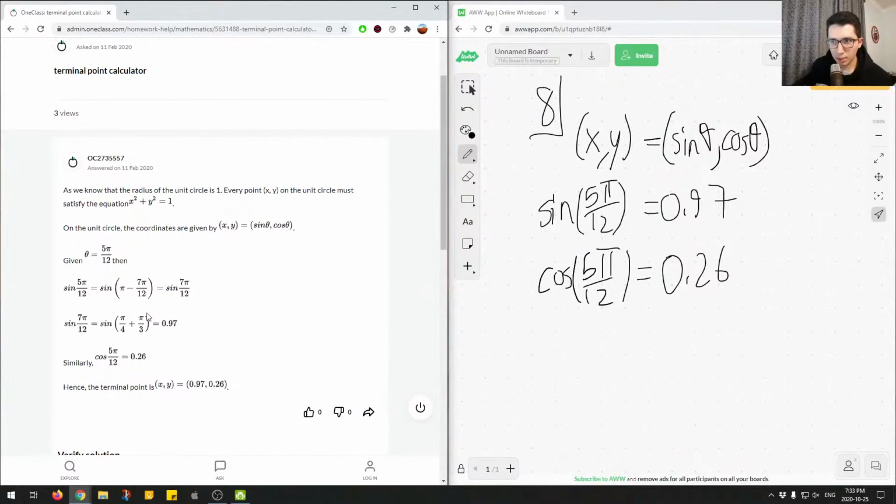To explain what they're doing here, they're using an identity to make this conversion. So we validated that these are the correct answers, so the final solution is correct. But I'll show you what they're doing over here.